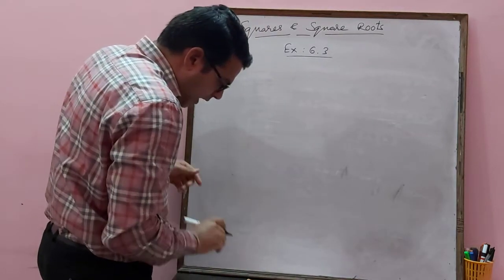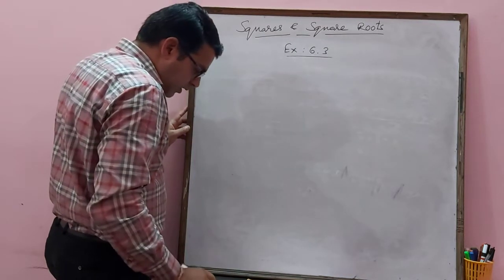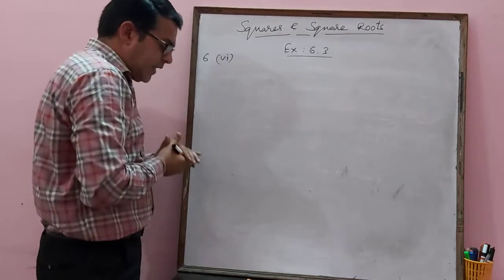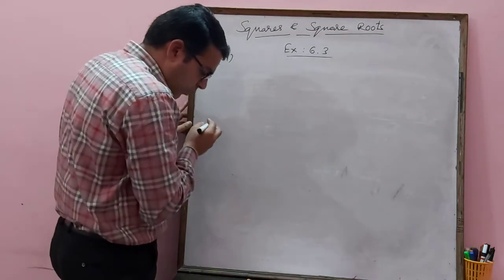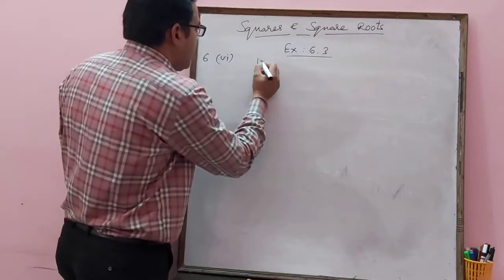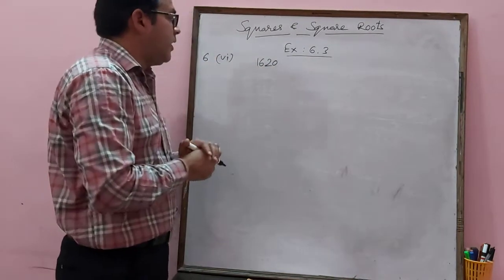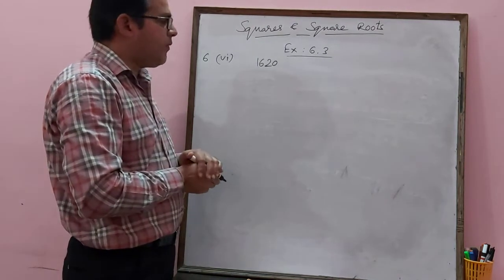One more part I am taking. Now, last part, that is part number 6 of question number 6, I am solving here. So the number is 1620. By which number should we divide it to make a perfect square?